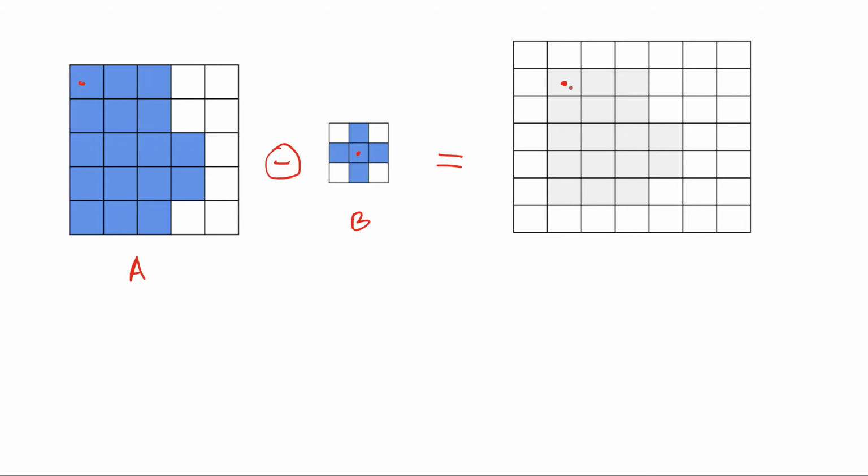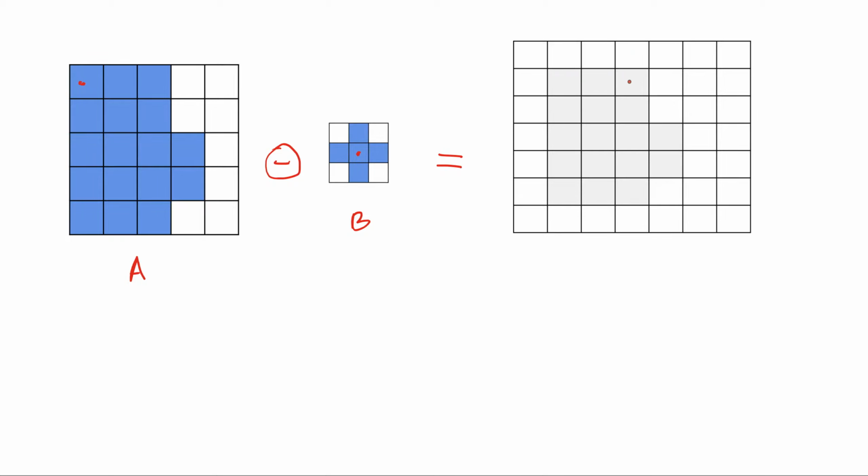Okay. Then in the next step, I will be moving that to the next point. So I will place my structuring element over here. Now also you can see that the structuring element B, or B_Z, that is B moved to this point, is not completely confined in the set A. So this will not be a part of the final result.